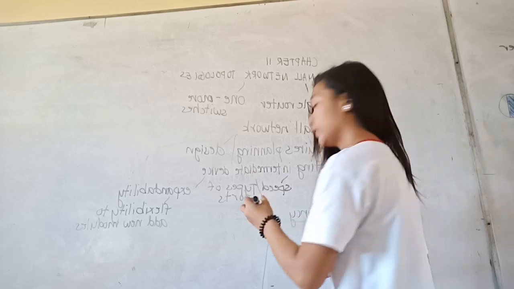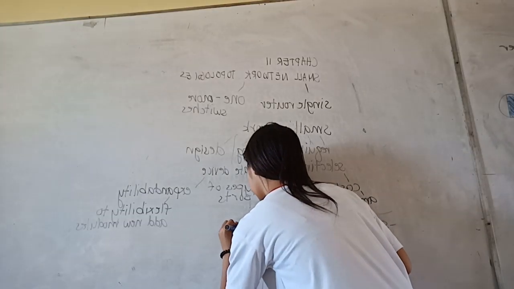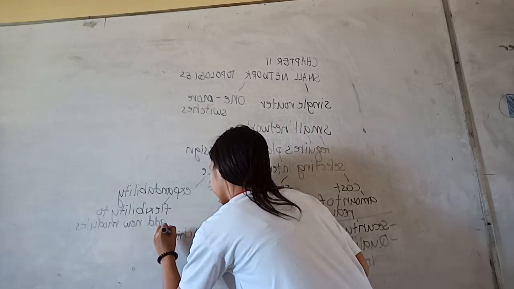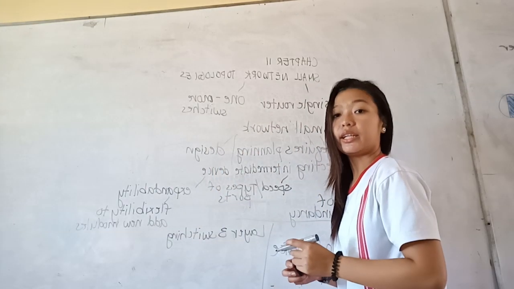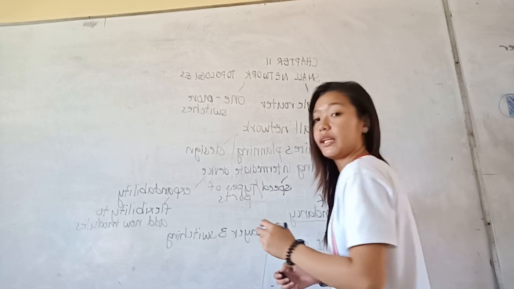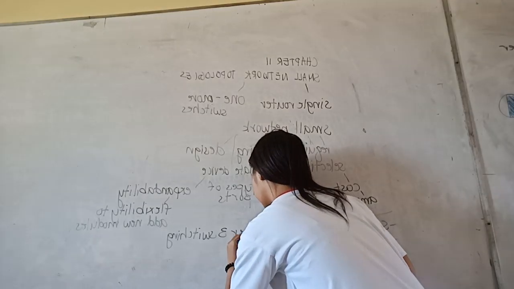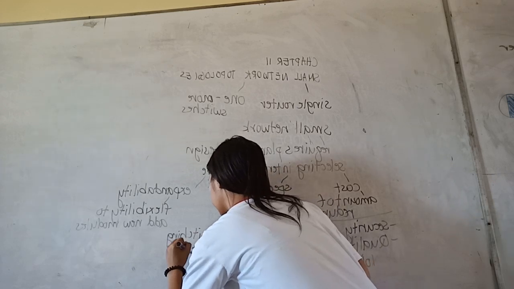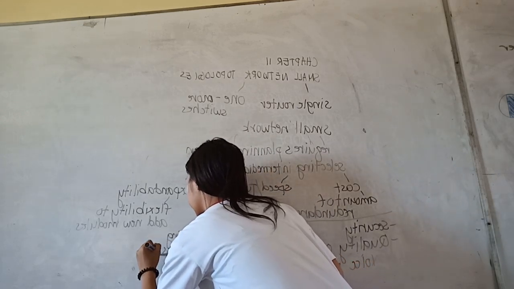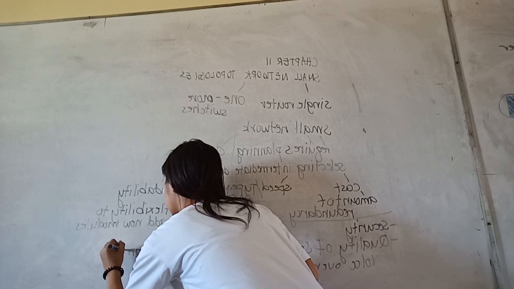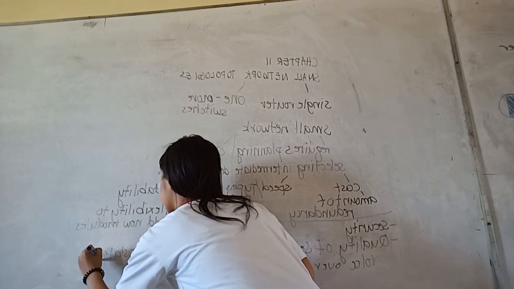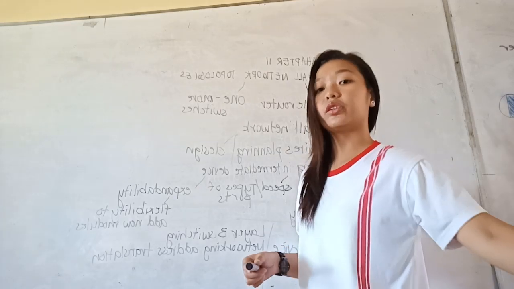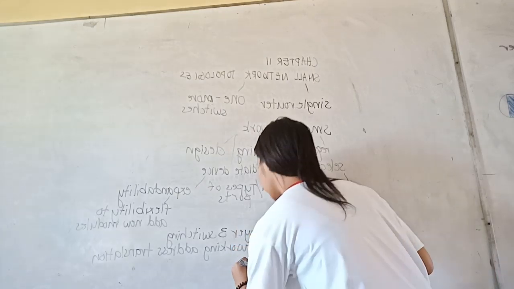Next, we have layer 3 switching. Then the next one, network address translation. Then the last one is Dynamic Host Configuration Protocol, or DHCP.